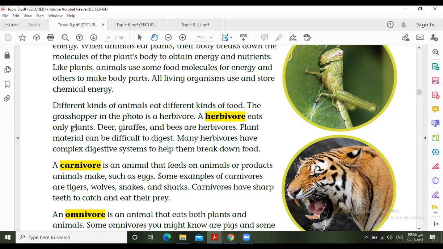There are a lot of examples of animals that eat only plants, like cows, sheep, goats, deer, zebra, elephants, gorilla, and so on. These animals only get energy by eating plants.